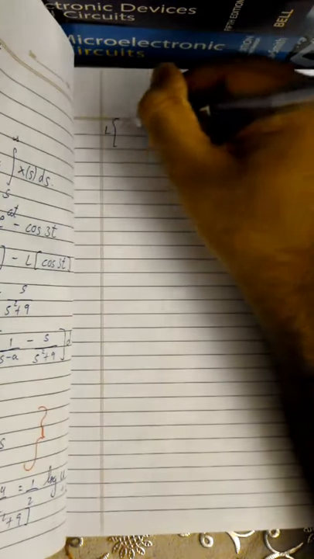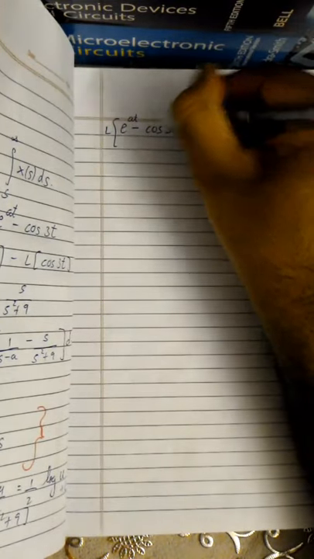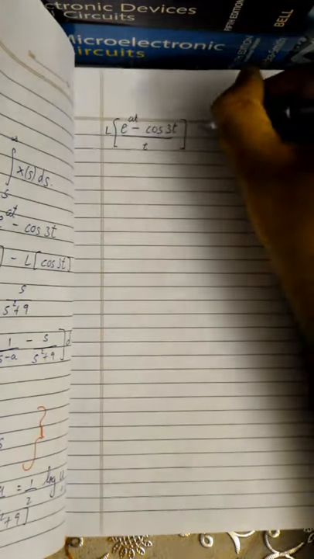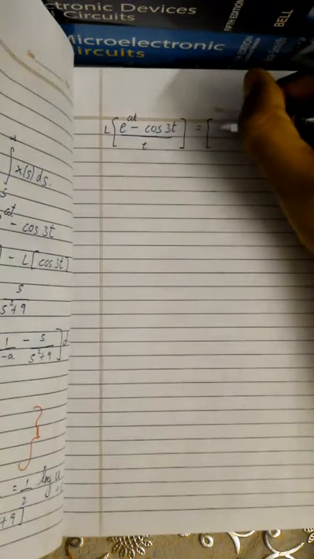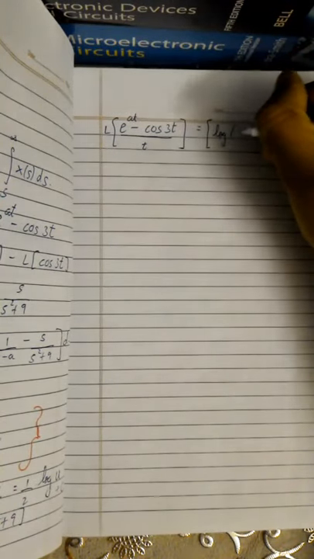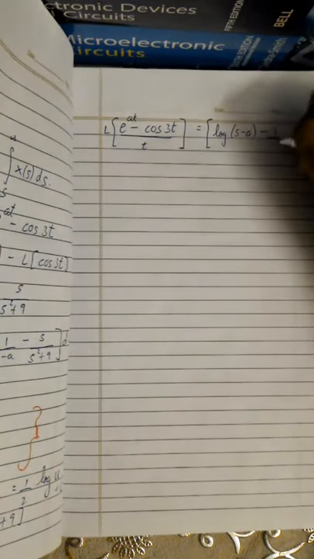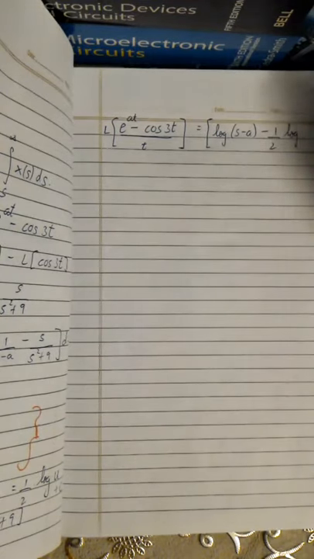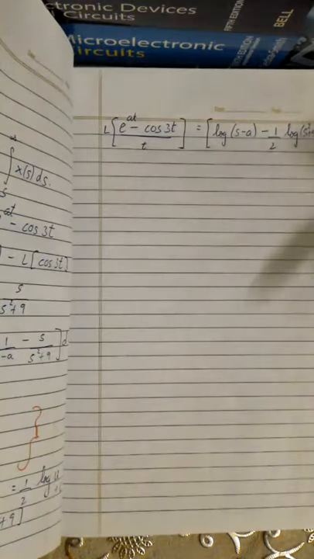I will get my Laplace of e raised to 8t minus cos 3t by t is equal to the integral of 1 by s minus a, which is log s minus a, minus 1 by 2 log s square plus 9, with limits from s to infinity.